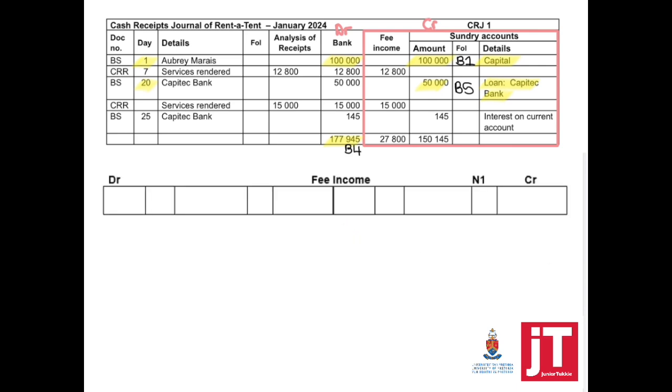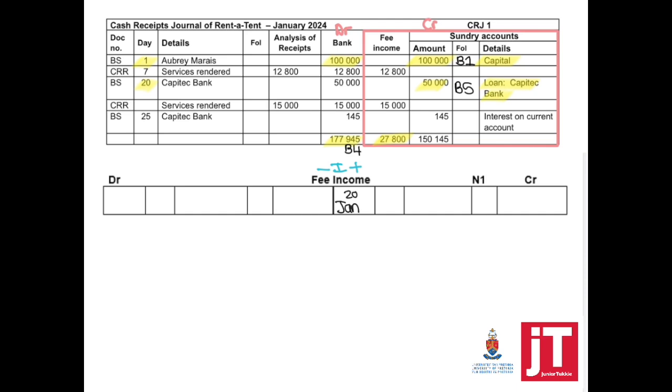Now we move on to the nominal account section. So the first account that we need to post to is fee income. And notice there's a money column for fee income, which means we have to take the total on the last day of the month. This is an income, which means that our income will increase on the credit side.